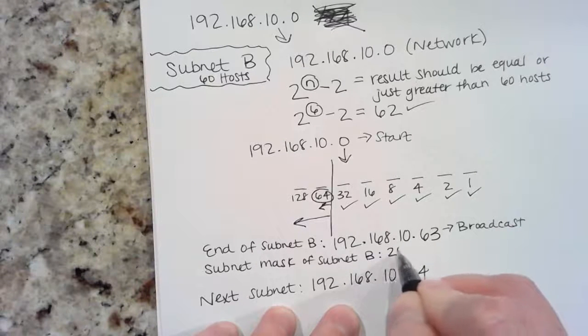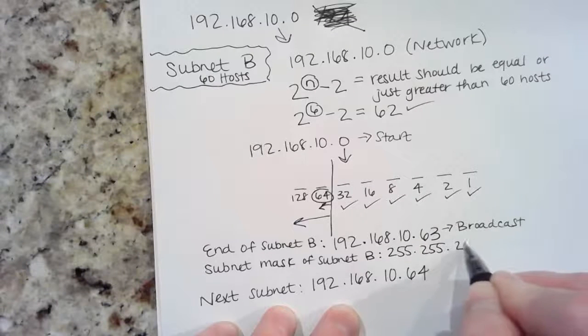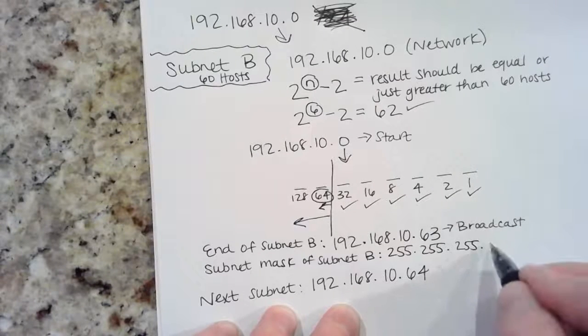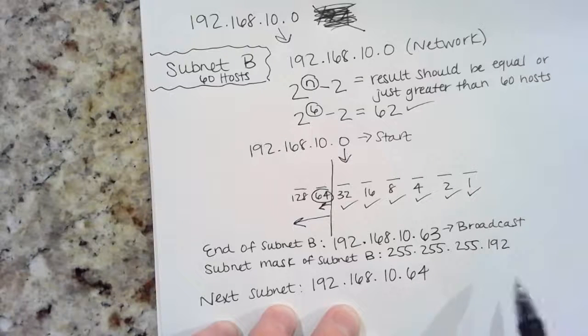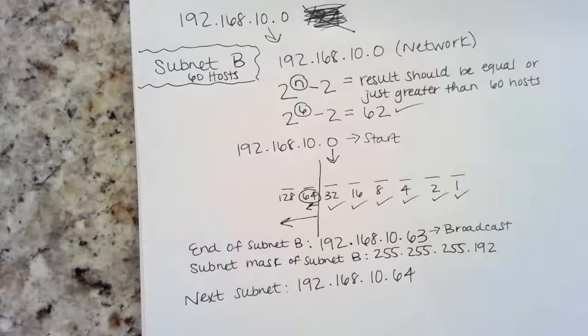Since we were in the last octet, that's where our number goes, and you put all 255s before it. Because we were subnetting in that fourth octet, that's where our number goes. So 255.255.255.192. And that's going to be the subnet mask of every address.